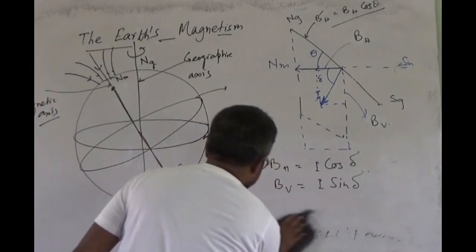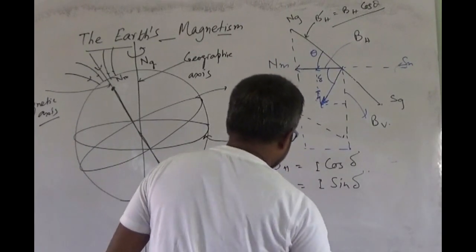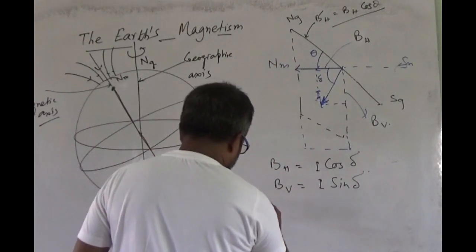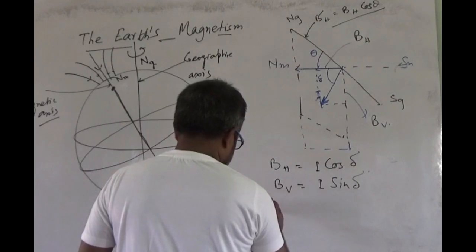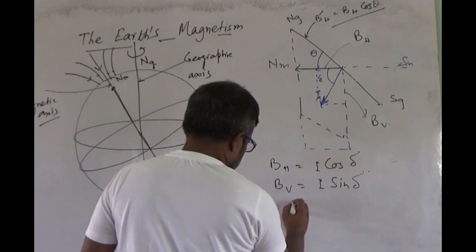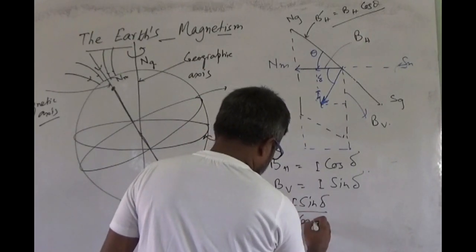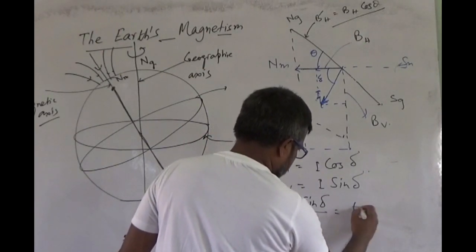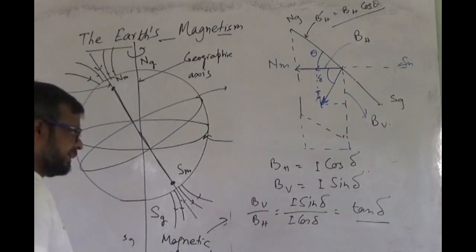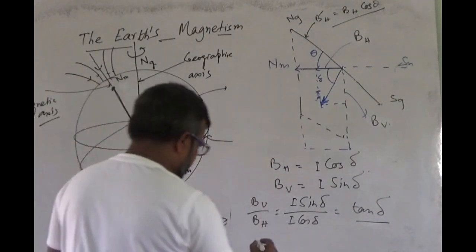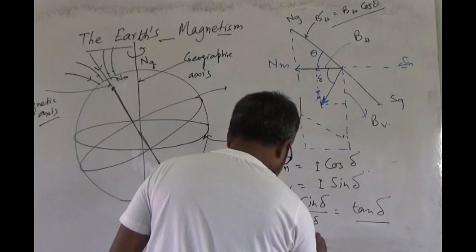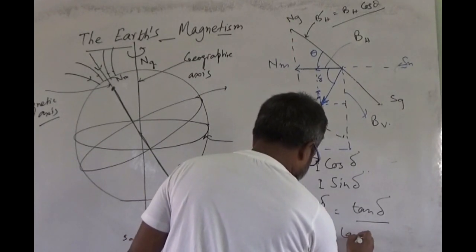Okay. And from here you can write two things. One is BV by BH equals to I sin delta divided by I cos delta, that is tan delta. From here you can get the tan delta, or you may also write BV is equal to BH tan delta.